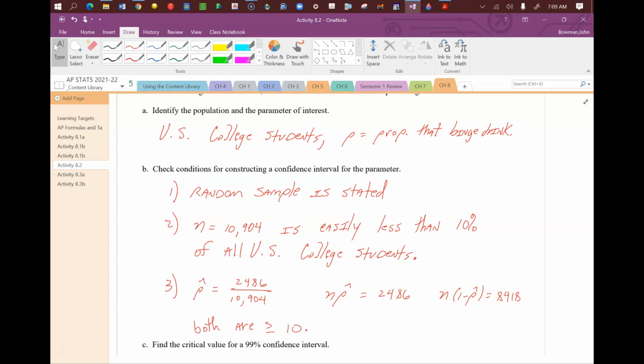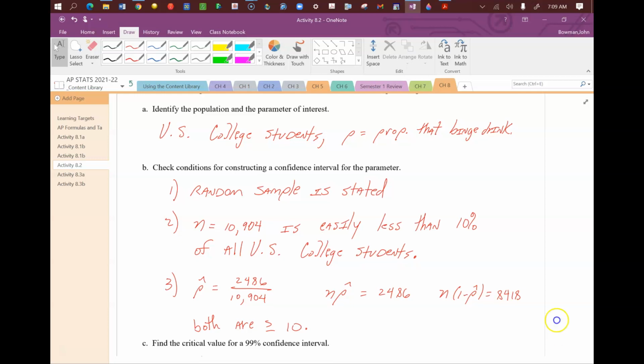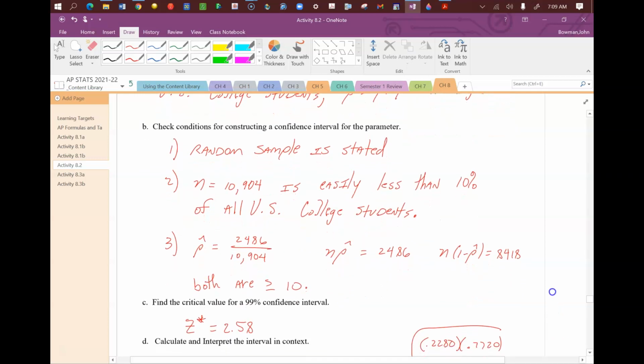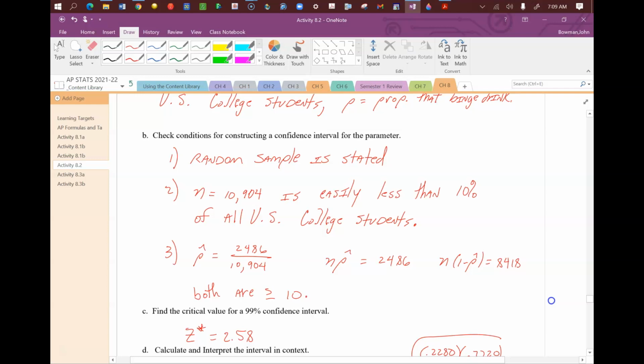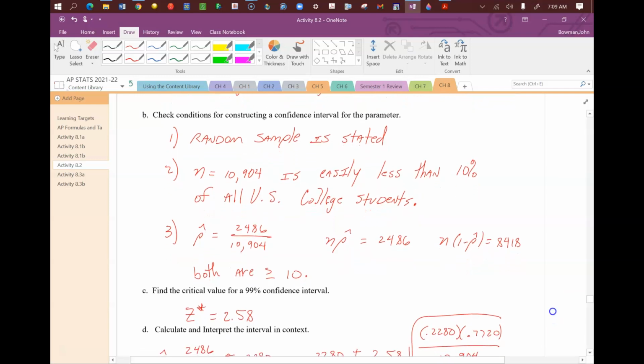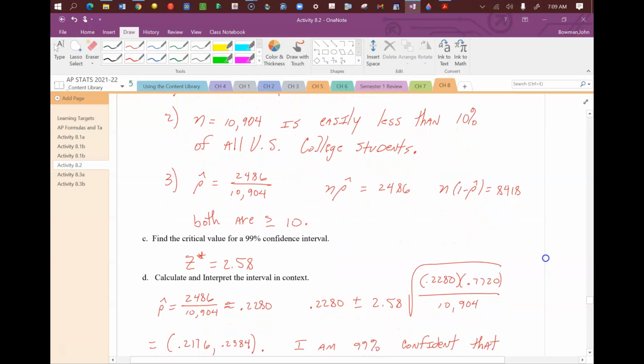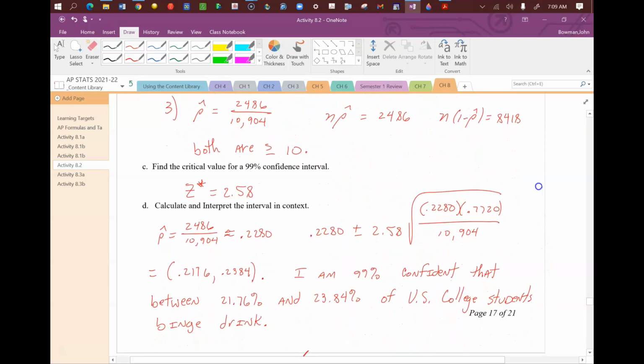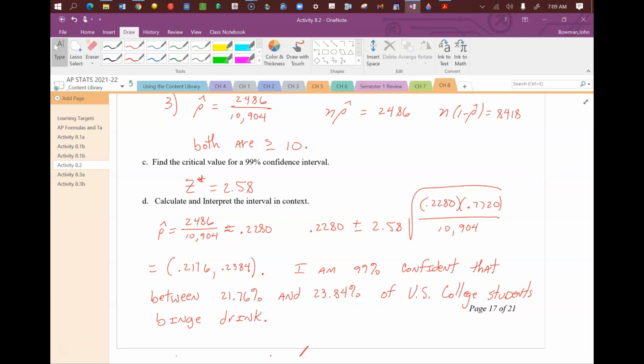Clearly, both are at least 10, so we meet all the necessary conditions, and we are going to proceed with our confidence interval. For a 99% confidence interval, the critical value is 2.58, and the calculations are as follows. We find our sample proportion as a decimal, plus or minus the critical value times the estimated standard deviation of the sampling distribution, and we get the following interval.